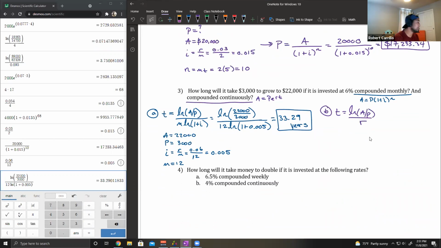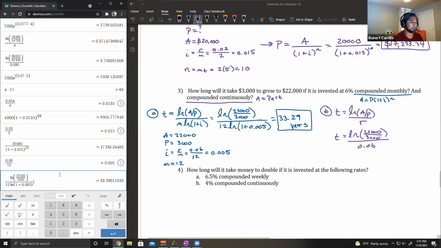Well, this one's going to be a lot easier to plug into. They already gave us A, they gave us P, and we know the rate. This one's so much easier than step A. So this would be t equals the natural log of 22,000 over 3,000, over our rate 0.06.